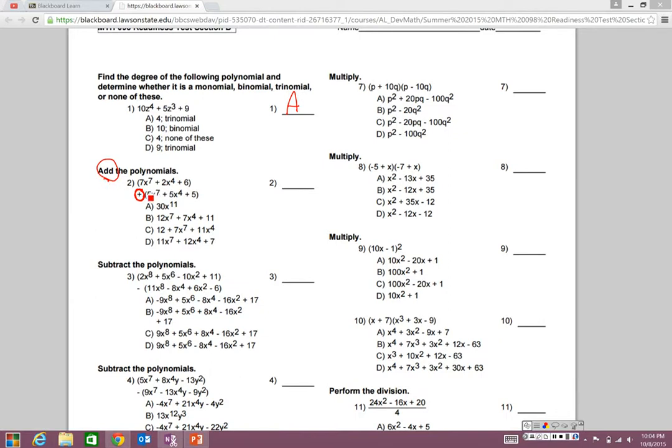But even if it didn't say add the polynomials, you should know to add them, because there's a plus sign in between the parentheses. I'm skipping number 2 because I'm confident that you understand how to add like terms, such as 7 plus 5, 2 plus 5, 6 plus 5. Let's move on. Since number 3 and number 4 are both subtraction problems, let's just go ahead and go to number 4.